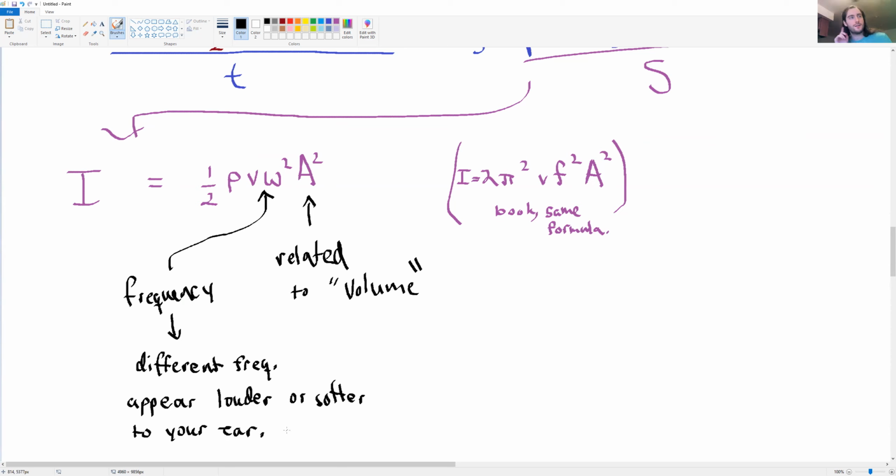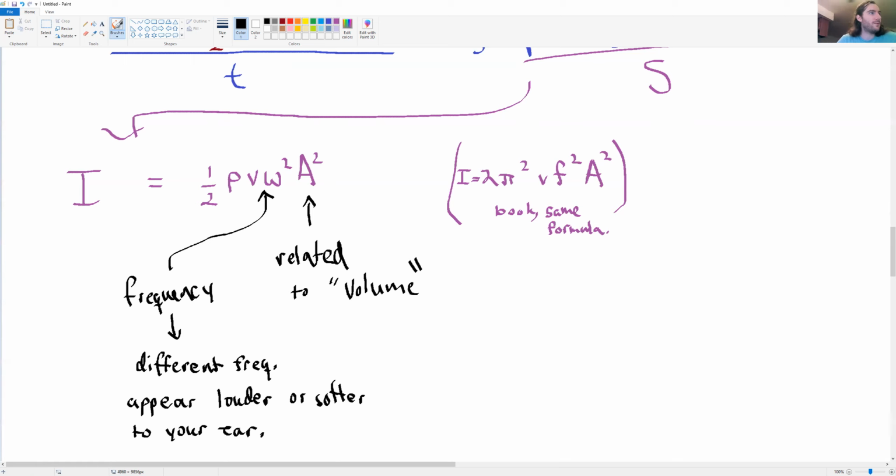Okay, so your perception of the loudness of a sound is going to be related to the intensity. Not only the intensity, but also, excuse me, I'm misspeaking again. Sorry, it is related to both the frequency and the amplitude of vibration. The intensity is what you're experiencing at your ear. Okay.